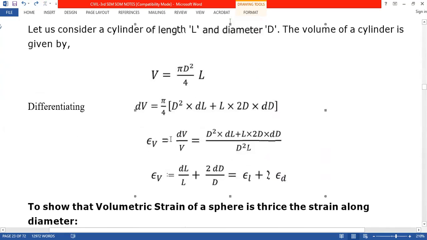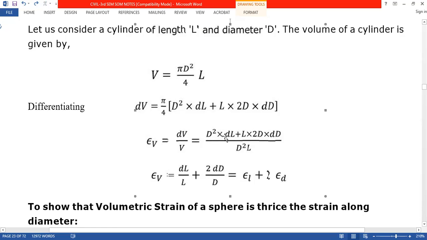So volumetric strain can be written as delta V by V, which is nothing but the change in volume to the original volume. This d square into dl plus L into 2d into dd is divided by d square into L. So d square gets cancelled, L gets cancelled. The remaining term is dl divided by L plus 2dd divided by d.